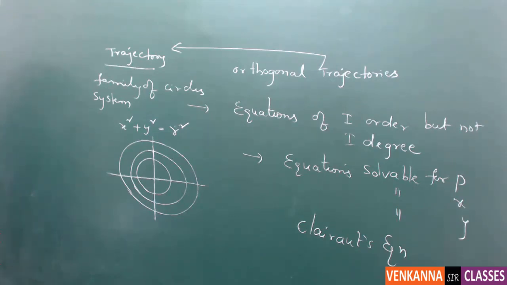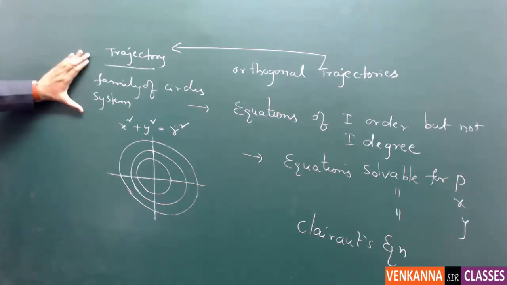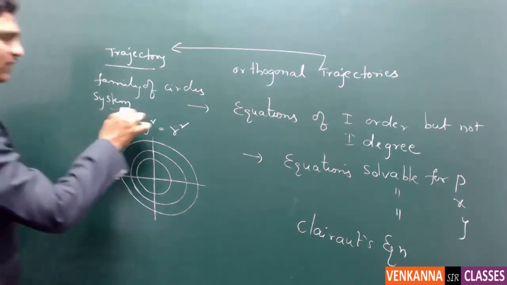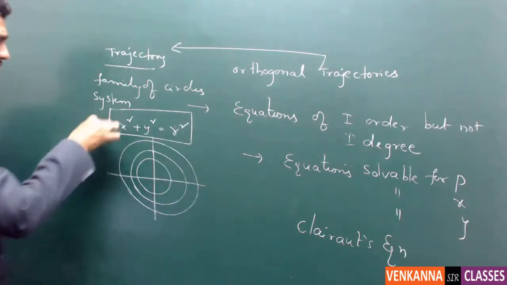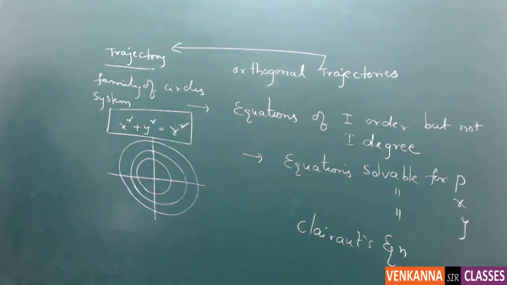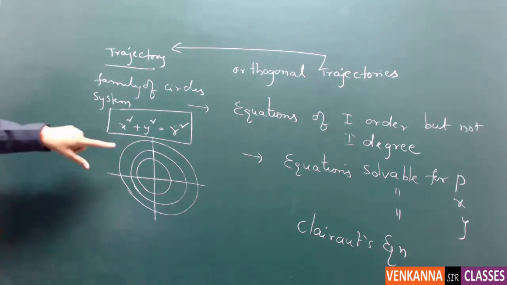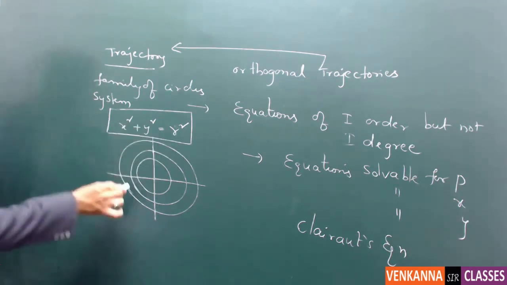So what happens if you consider a family of circles is given by this equation? Now, if you are going to find any curve, for example, say a straight line, which intersects each member of this family.